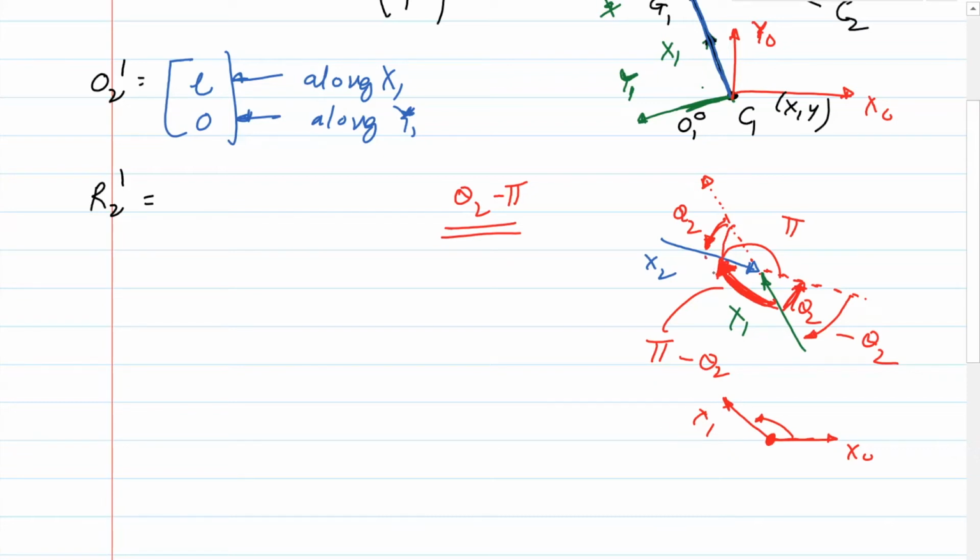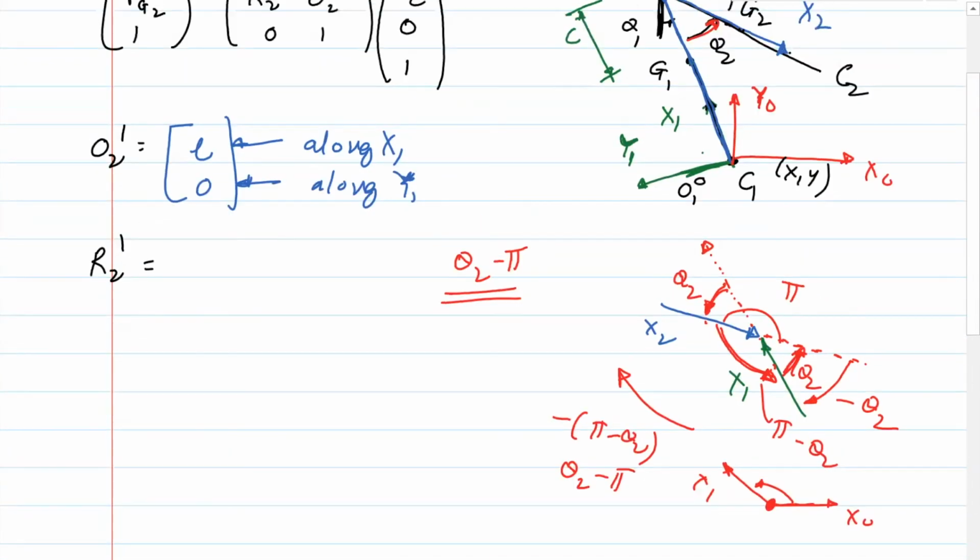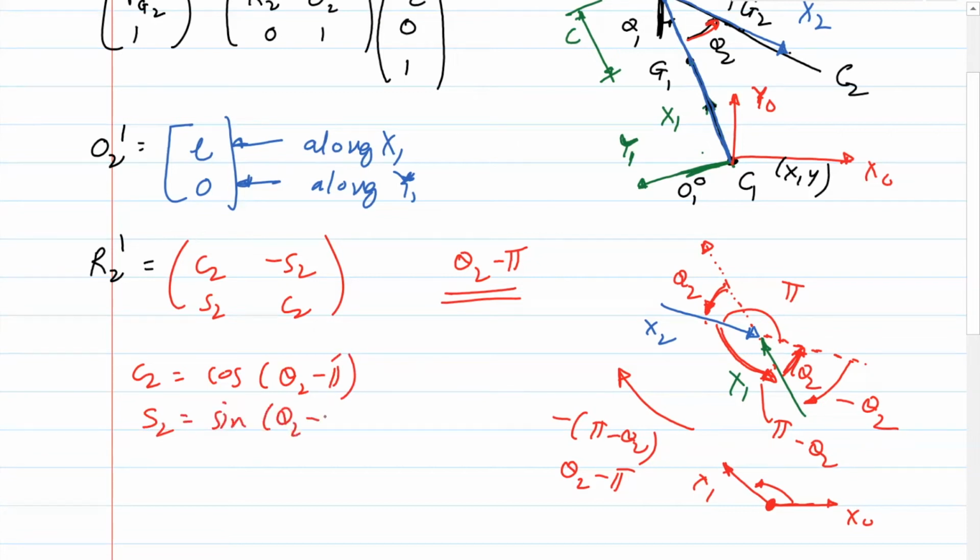But okay, so the direction, my bad, the direction is actually this way. That's pi minus theta 2. And since I'm looking at the angle which goes from x1 to x2, I need to switch the sign. So if I want to go this way, it will be minus of pi minus theta 2, which is theta 2 minus pi. So R2 is going to be C2 minus S2, S2 C2, where C2 is cosine theta 2 minus pi, S2 is sine theta 2 minus pi.